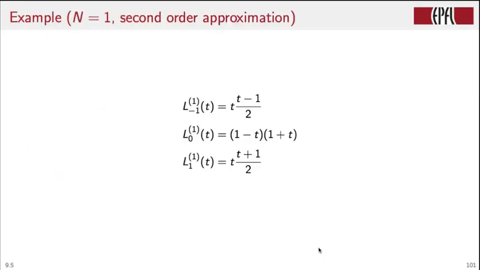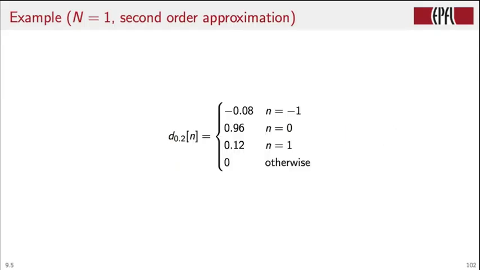So for example, if these are the 3 Lagrange polynomials for n equal to 1, we can compute these polynomials for t equal to tau, where tau is the fractional delay that we estimated before, and we will obtain 3 coefficients, like here for instance is an example for tau equal to 0.2, 3 coefficients that give us an FIR filter, and then we can just simply filter the samples coming into the receiver with this filter to compensate for the fractional delay.